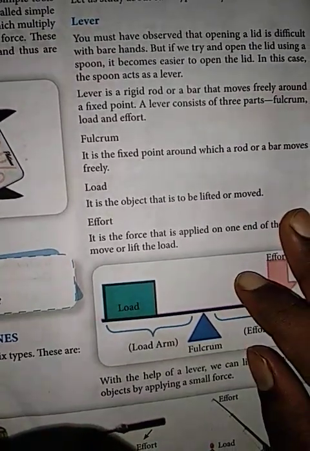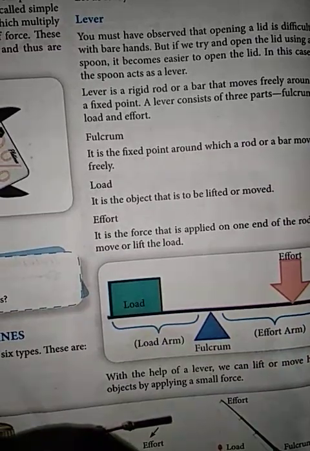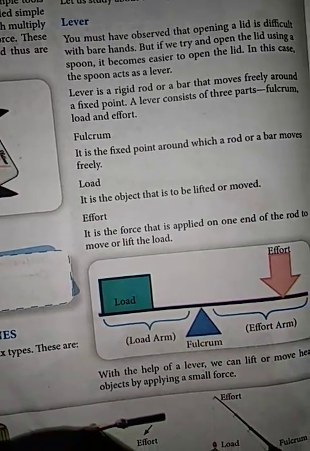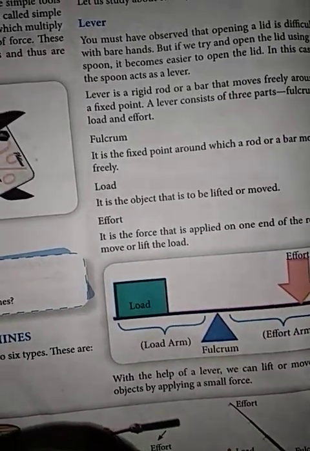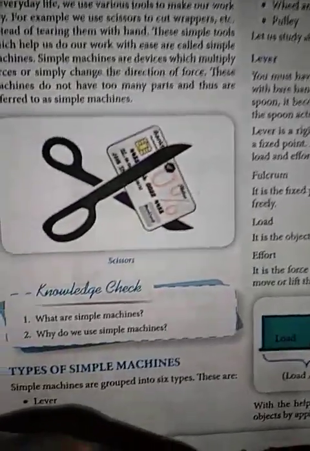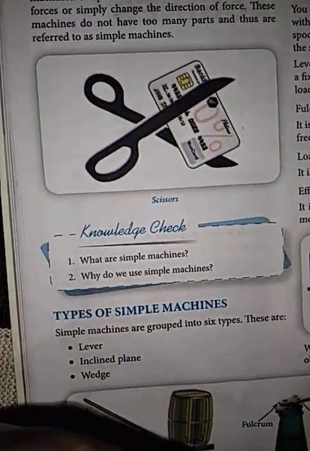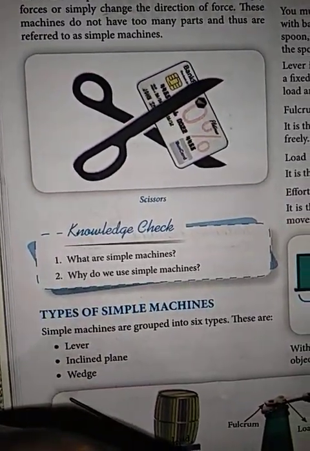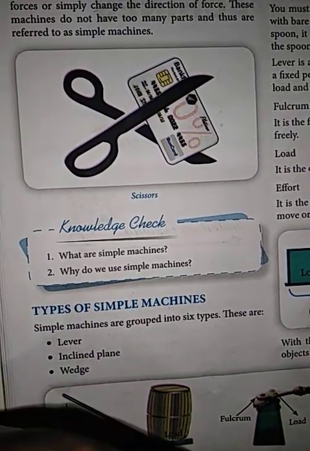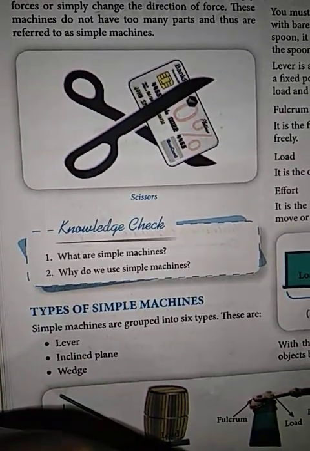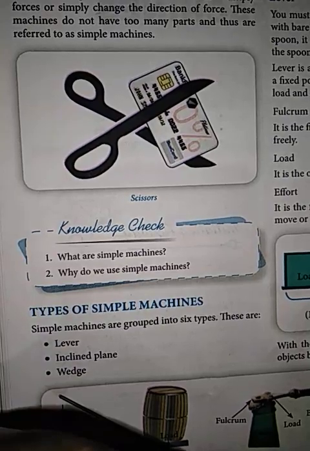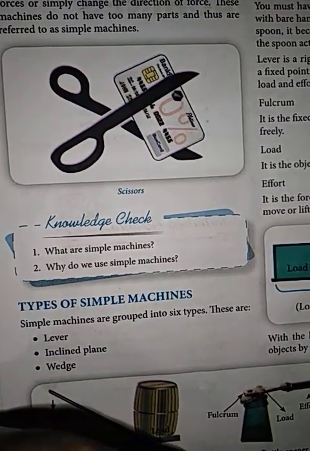You must have observed that opening a lid is difficult with bare hands, but if we try to open the lid using a spoon, it becomes easier. In this case, the spoon acts as a lever.